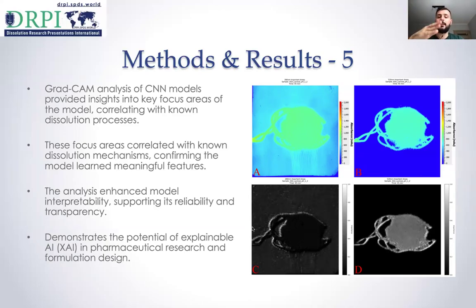And in figure D, at 520 nanometers, attention was directed toward the tablet's structure, capturing the erosion and swelling dynamics. These focus areas correlated with known dissolution mechanisms, confirming that the model is learning meaningful features. This supports the model's reliability and demonstrates the potential of explainable artificial intelligence in pharmaceutical research.